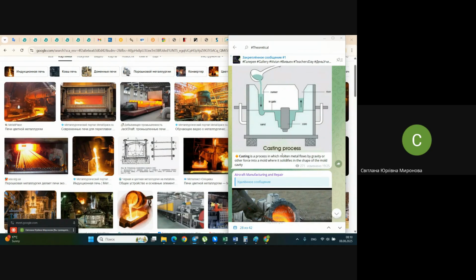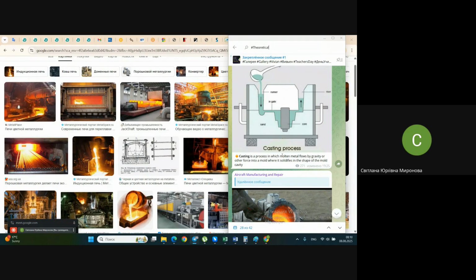So casting is a process of pouring a mold with liquid metal or plastic or whatsoever, some matter in liquid state, with solidification of it and taking the shape, repeating the shape of this mold.